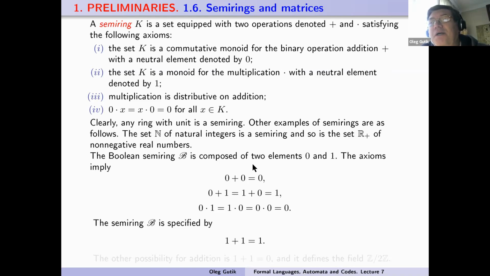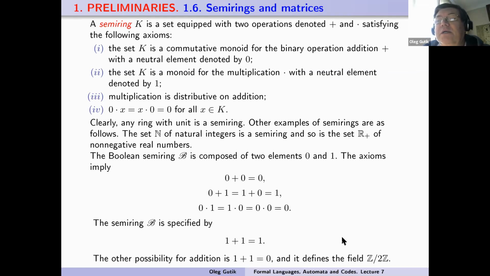It is a very interesting operation, because if we consider addition where 1 plus 1 is equal to 0, we get the quotient field Z by 2Z, the field of the numbers 0 and 1.